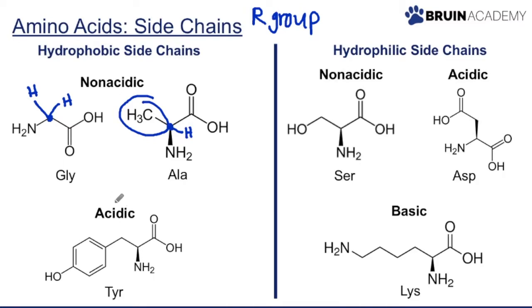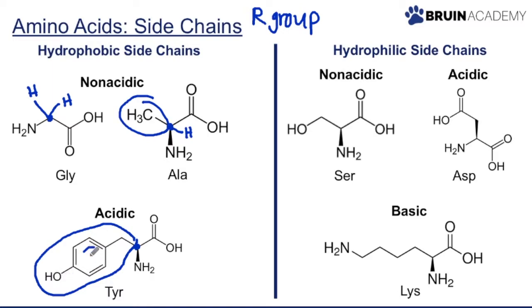Here we have a tyrosine, which falls under the acidic hydrophobic category. So if we were to identify what the alpha carbon is, it's actually this one over here. And this whole thing is the side chain. And the reason this is hydrophobic is that it has a lot of hydrocarbons here. And this kind of negates the polarity of the alcohol that's attached to it.